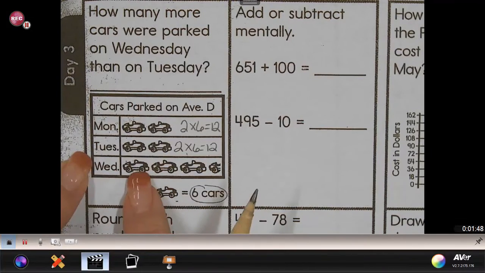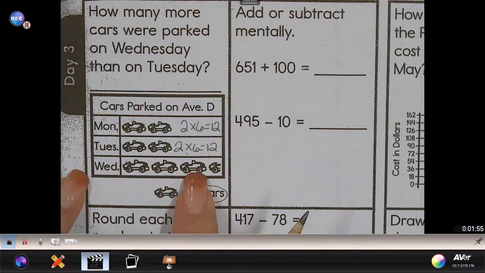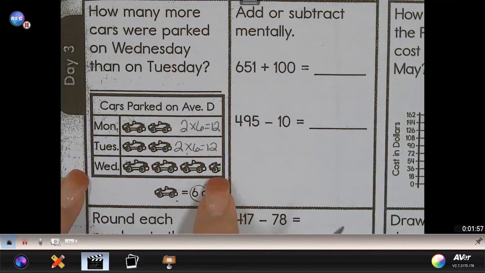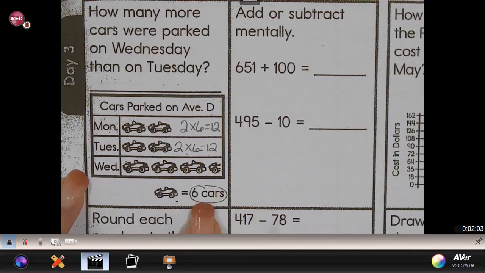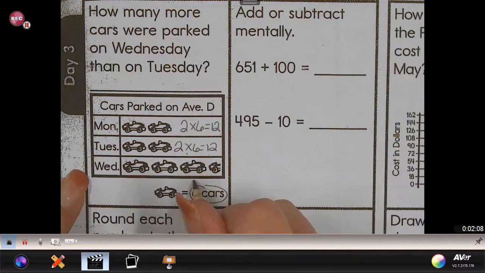Now, for this particular part of our graph, we have 1, 2, 3 groups of 6. However, this is half of a car. And so since this is only half of a car, it's not representing all 6 cars, but it's going to be representing 3.